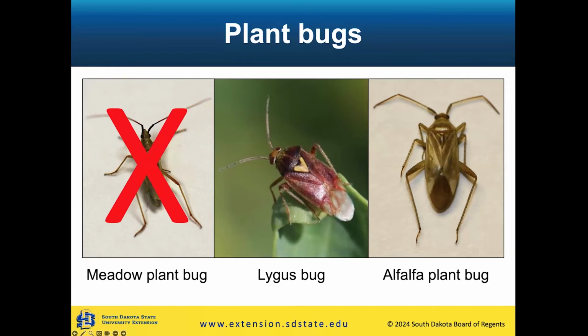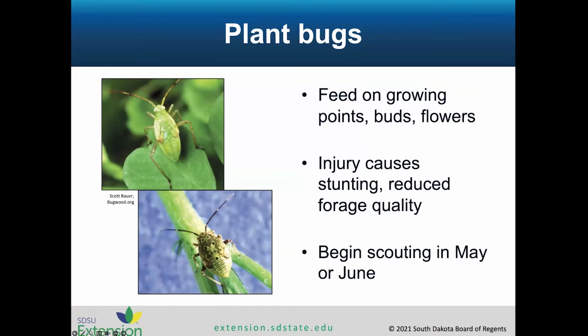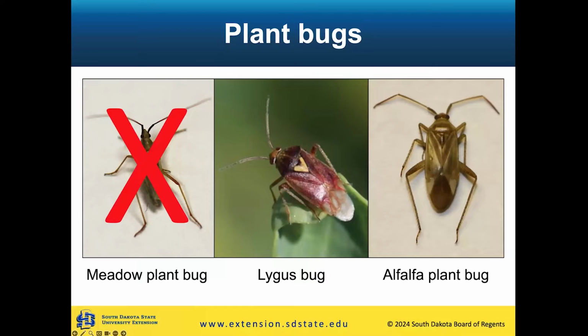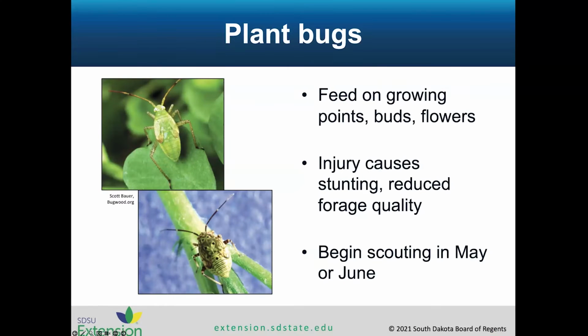It's the lygus bugs and alfalfa plant bugs that are more of an issue. Here's what the nymphal stages look like. Before, this was the adult stages. The top one is the alfalfa plant bug with the spotted legs like that, and the interesting, colorful one on the bottom is the lygus bug.